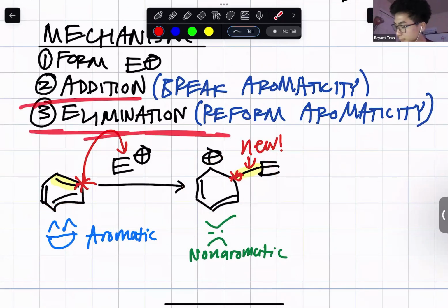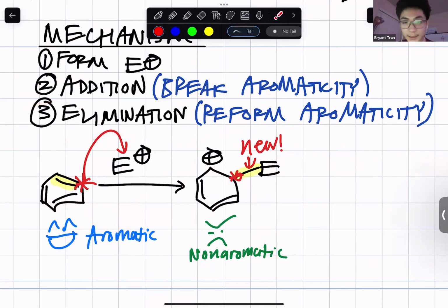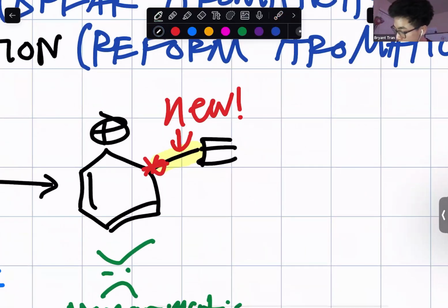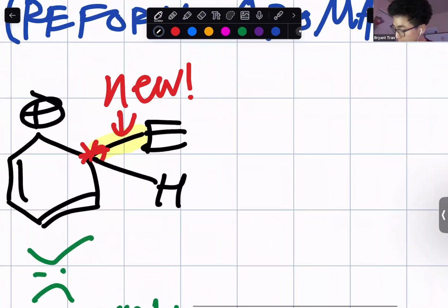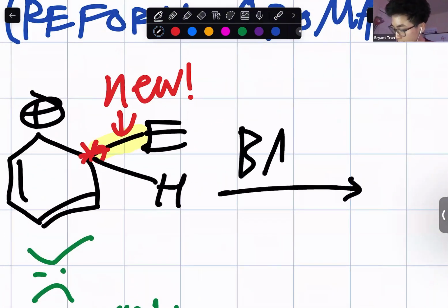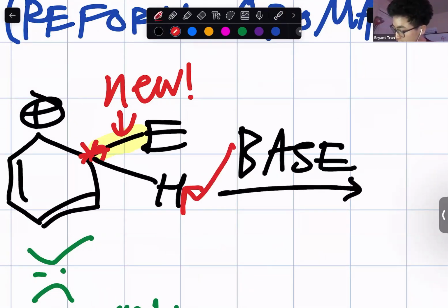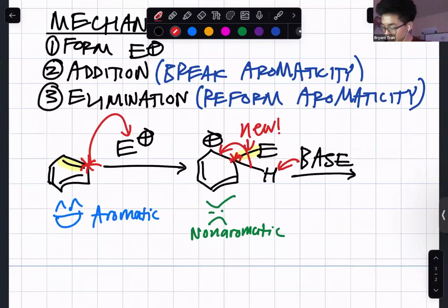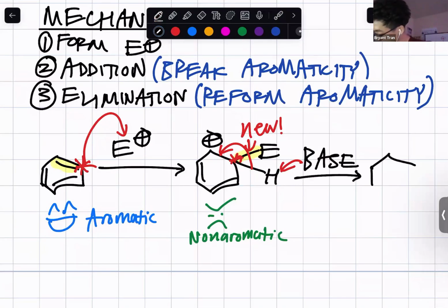The third step is to reform the aromaticity, and this is going to be an E1 mechanism, right? Where I'm going to explicitly draw out the hydrogen here of that starred carbon and some kind of base. The base is going to be different depending on what reaction you use. It's going to grab that hydrogen. The bond between this hydrogen and the starred carbon here is going to move to make a double bond right there, to remake our benzene ring, to reform our aromatic ring.